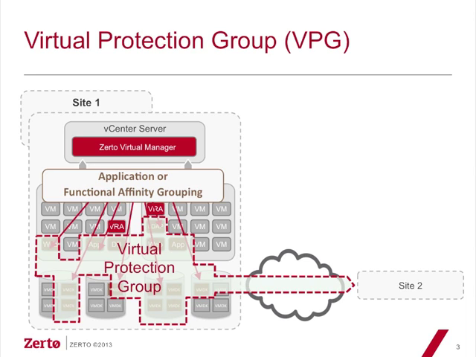And in this case, we want to move all of those VMs to Site 2 from Site 1. So regardless of the storage at the source site or the host at the source site, I can still move all of those VMs in a single unit to another site.